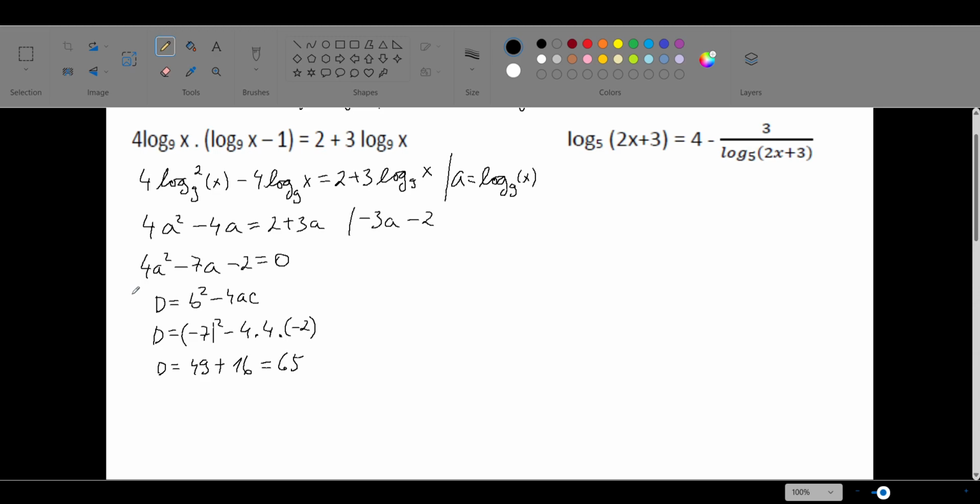Let me just check very quickly if I can find it. Okay, the thing is that 4 times 4 is not 8, but it is 16.